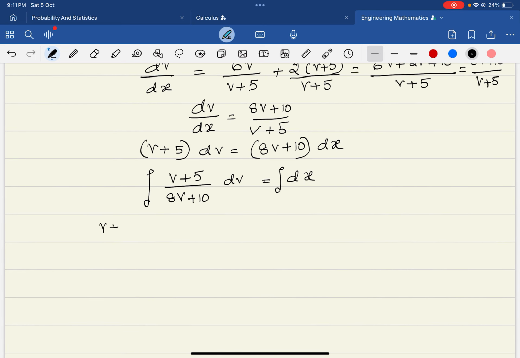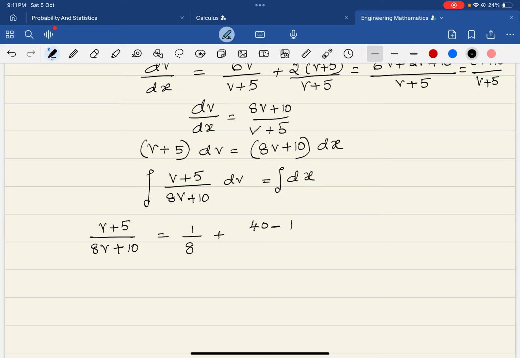Now, what is this? This is a fraction, right? Again, we know how to do this fraction in an easier manner. That is what? First, the v coefficient is 1. So, the denominator is 8. 1 by 8 plus. Now, what do we have to do? This into this. 5 8s are 40. That is 40 minus this into this, that is 10 into 1.